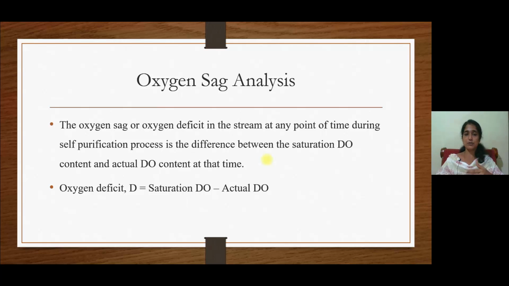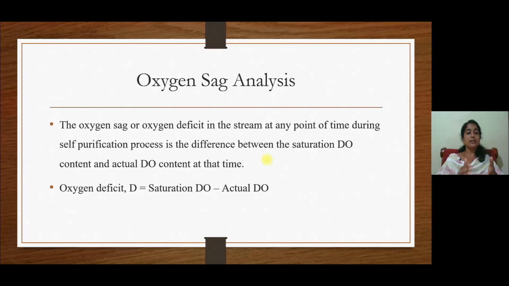That is the surface water, that may be a static water body or a moving water body like a river or stream. This can be calculated by getting the data, that is the actual dissolved oxygen content in the dilution water and the saturation dissolved oxygen content of that dilution water.